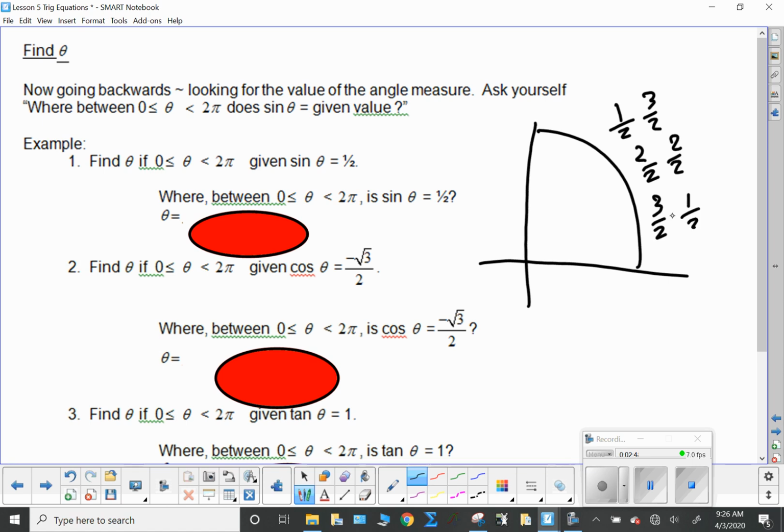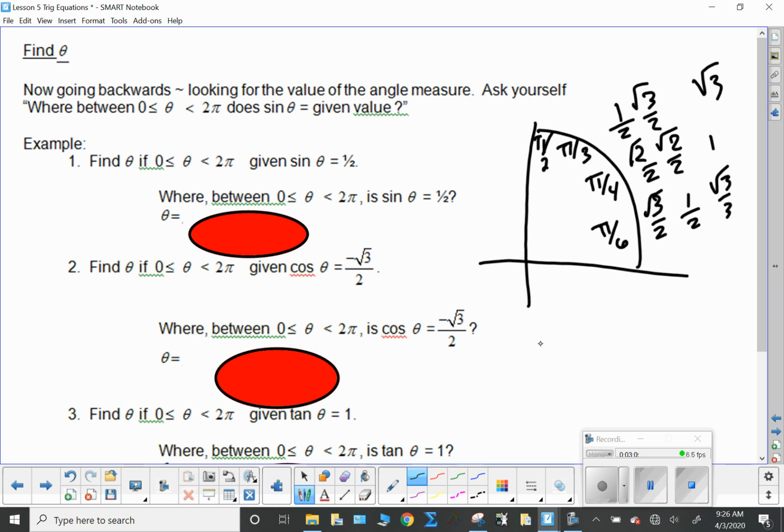And everybody wears a hat, except for 1, because 1 has to take it off. Root 3, 1, root 3 over 3. Pi over 6, pi over 4, pi over 3. We also have our pi over 2 up here.